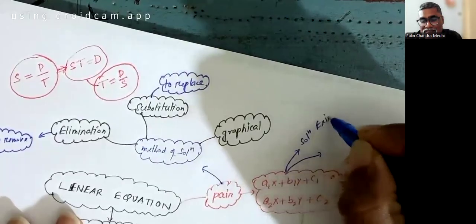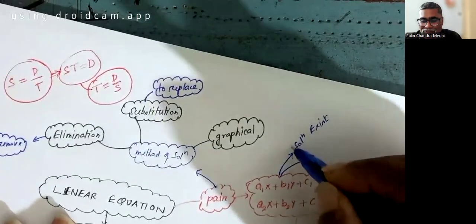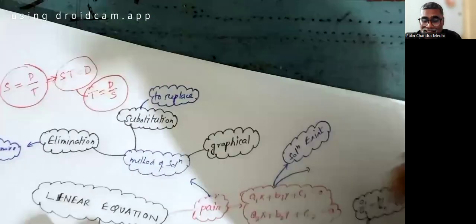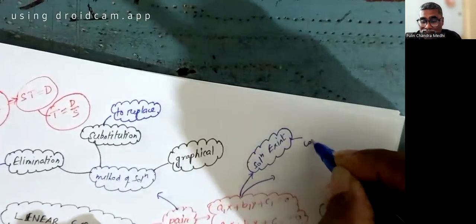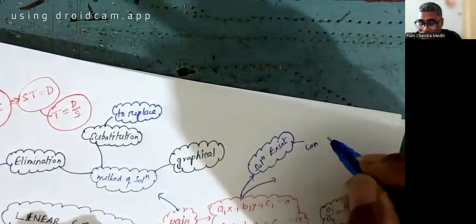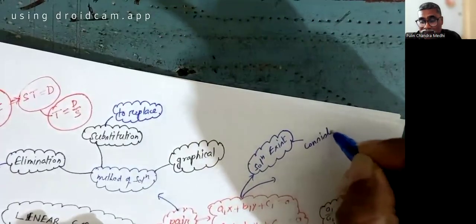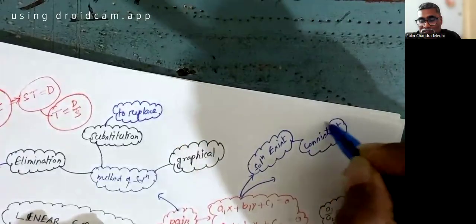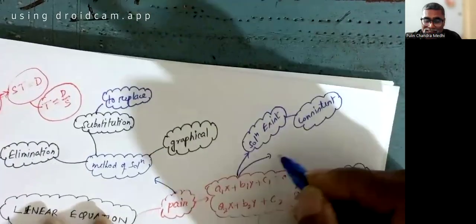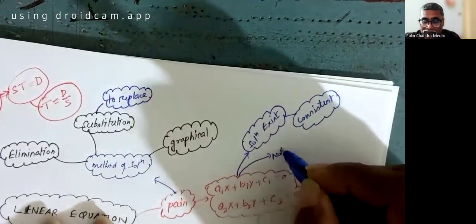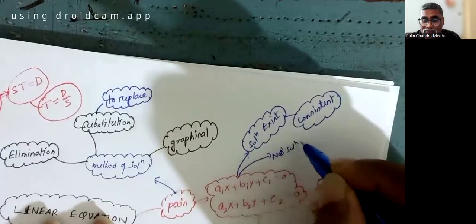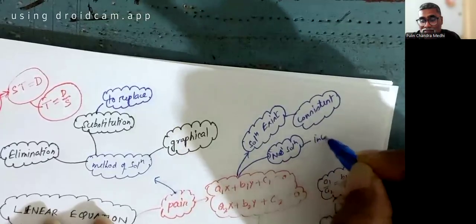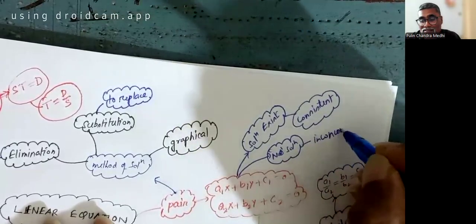Solution exists means solution is there, then the equation is called consistent system. And then if no solution, then simply inconsistent.